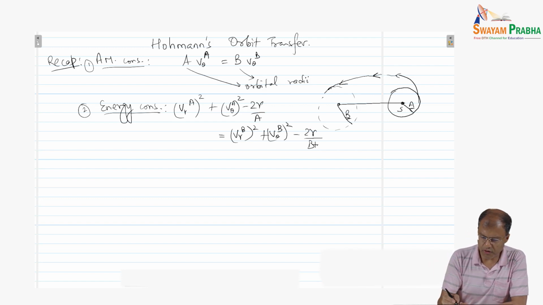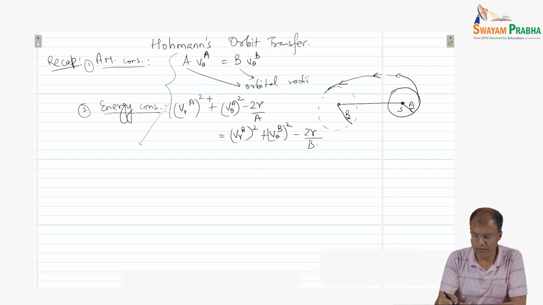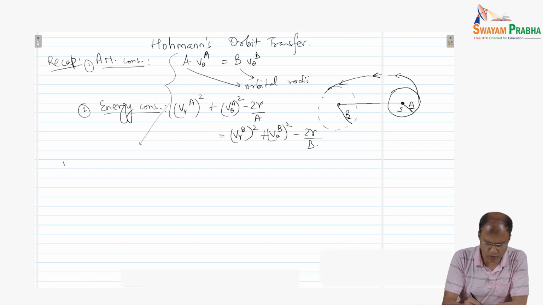From these two equations we can combine them by eliminating one variable to arrive at the following constraint.